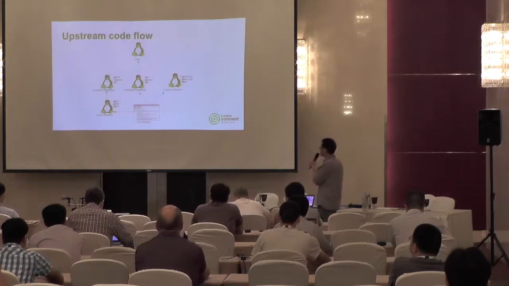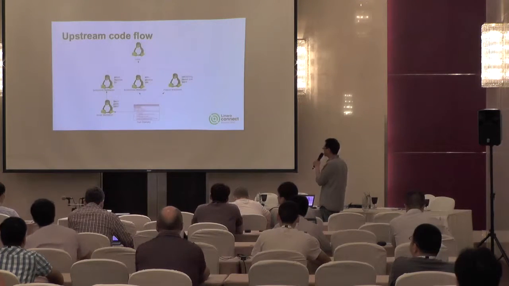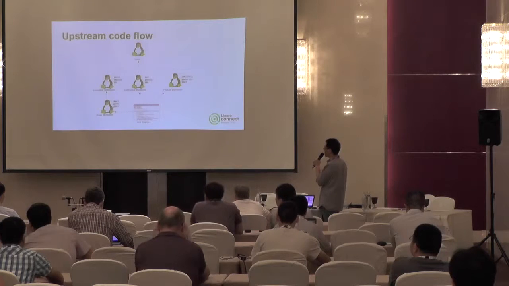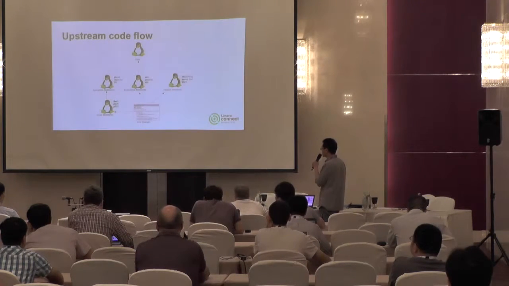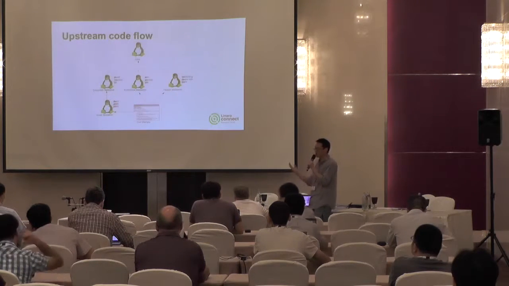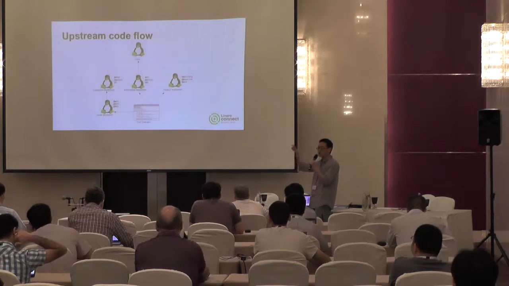So we can see in this upstream code flow, this is a hierarchy for upstreaming. When you send out your patch, you only send it to some maintainers. If we take ARM SoC as an example, there is the CPU, and in the SoC there are peripherals and devices.